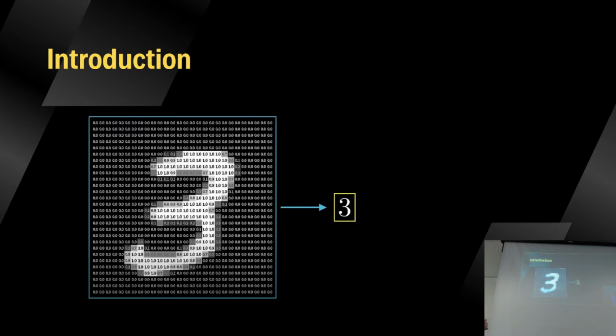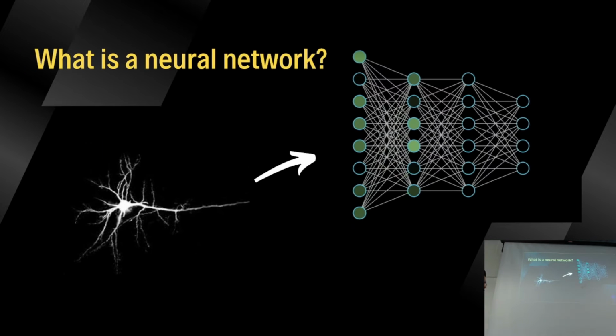That's what composes this image of this number 3. A way of trying to solve this problem of classifying numbers from pixels is a neural network. It's called a neural network because it's inspired by the human brain.